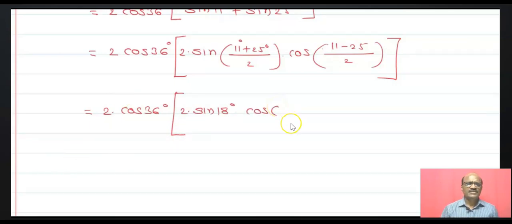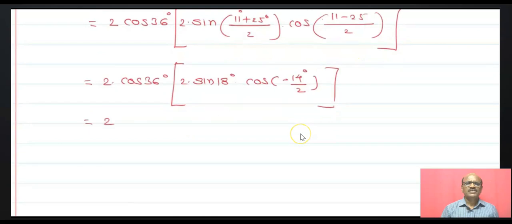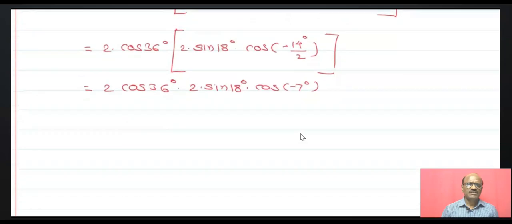And here, I think, there is a minus 14 upon 2, that is cos of minus 7 degree. That is 2 times cos of 36 into 2 times sin of 18 degree.